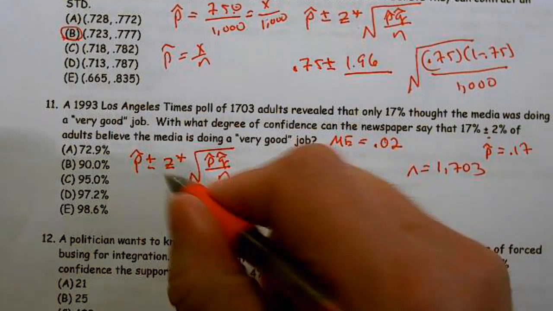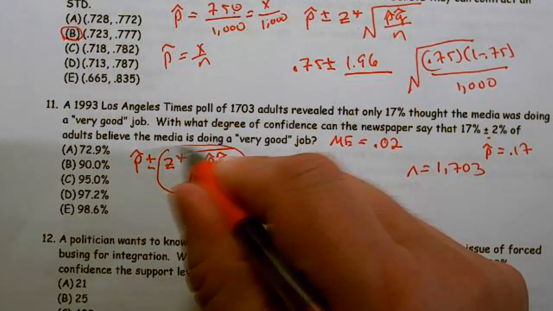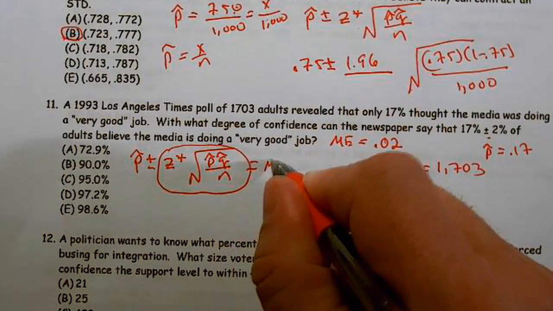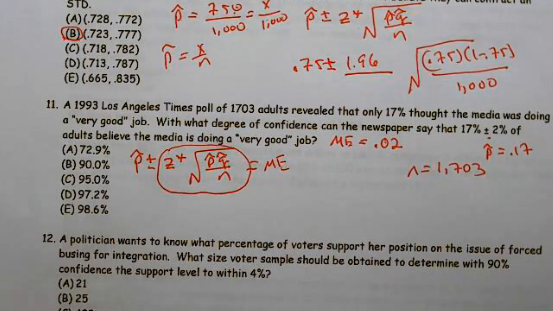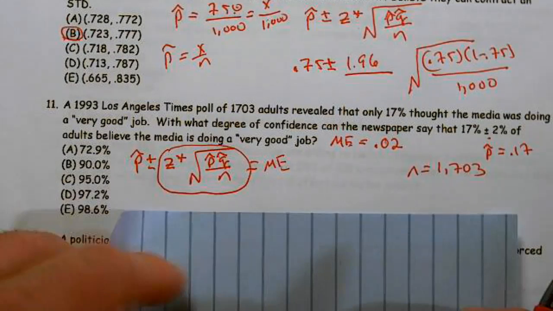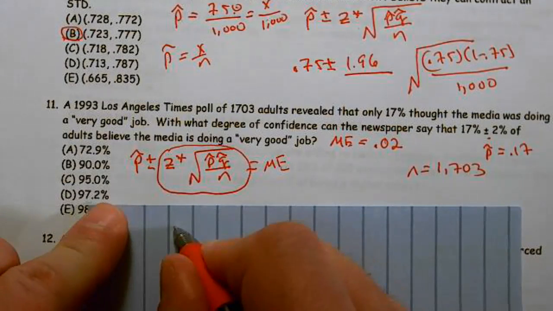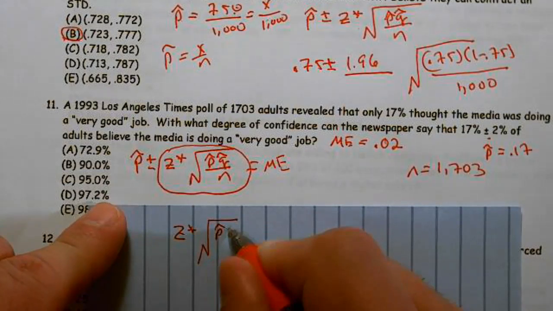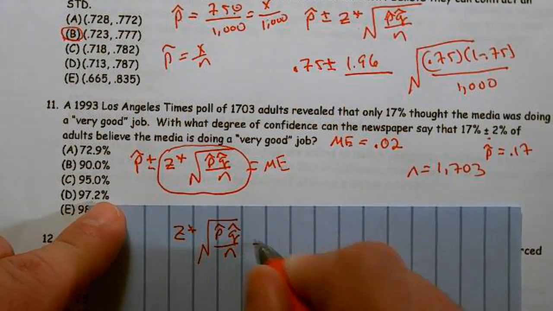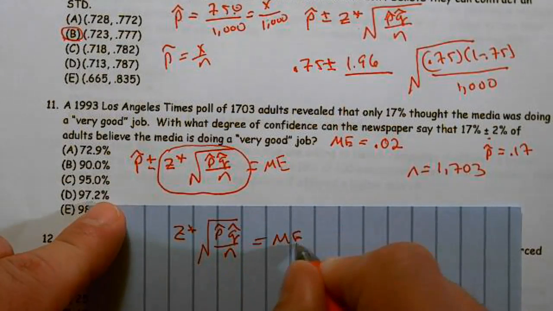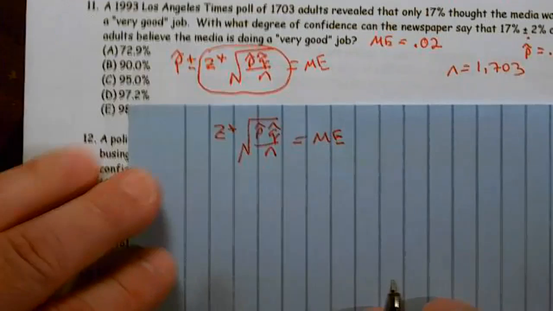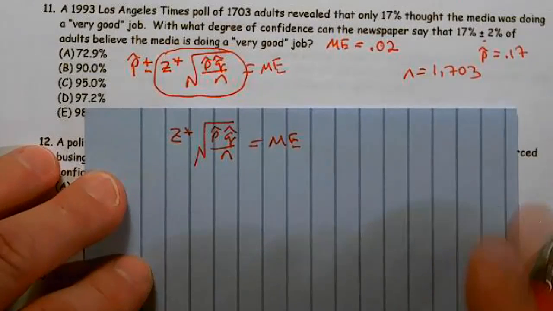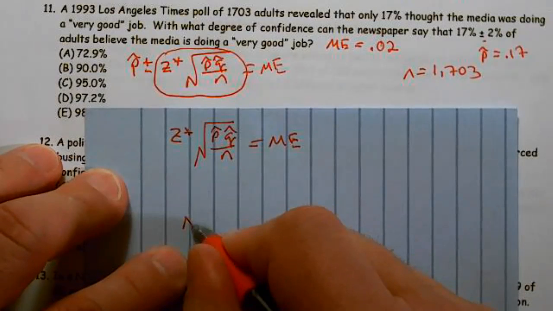So this part of the equation is equal to the margin of error. So with that said, z star times the square root of p-hat q-hat over n equals the margin of error. I'm going to start filling in what I know and that way we can identify what it is I don't know, what I might need to do.